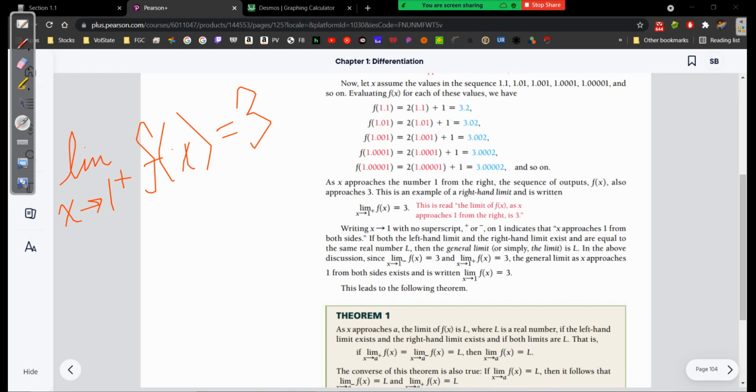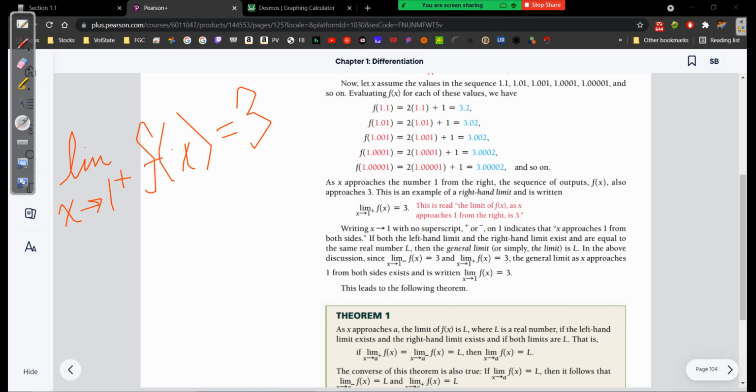If both the left-hand limit and the right-hand limit exist and are equal to the same real number L, then the general limit, or simply the limit, is L. In the above discussion, since the limit as x approaches 1 from the left of f of x equals 3, and the limit as x approaches 1 from the right of f of x is equal to 3, the general limit as x approaches 1 from both sides exists and is written simply as the limit as x approaches 1 of f of x equal to 3.